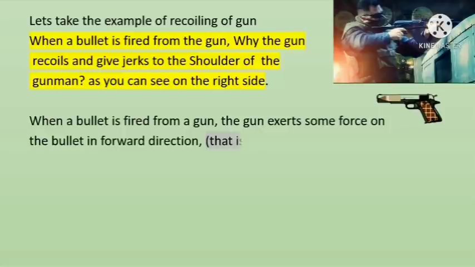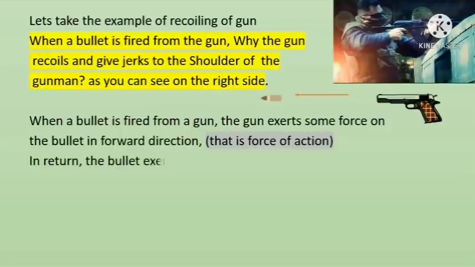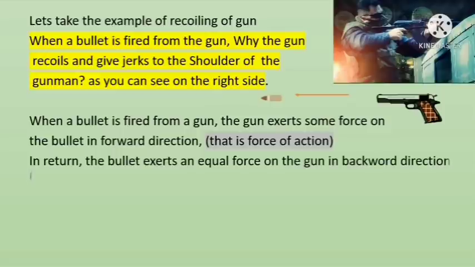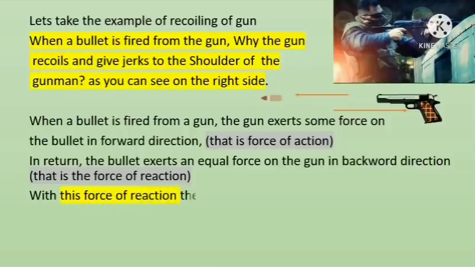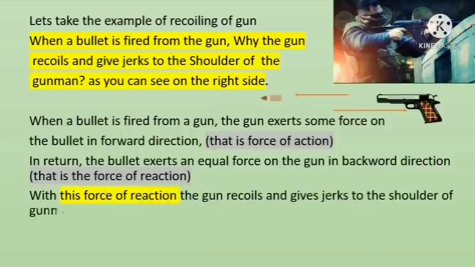That is force of action. In return, the bullet exerts an equal force on the gun in backward direction. That is the force of reaction. With this force of reaction, the gun recoils and gives jerks to the shoulder of a gunman.